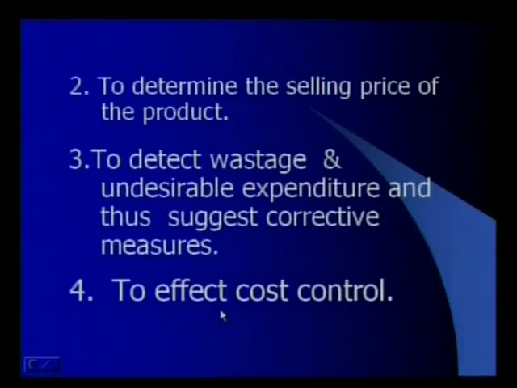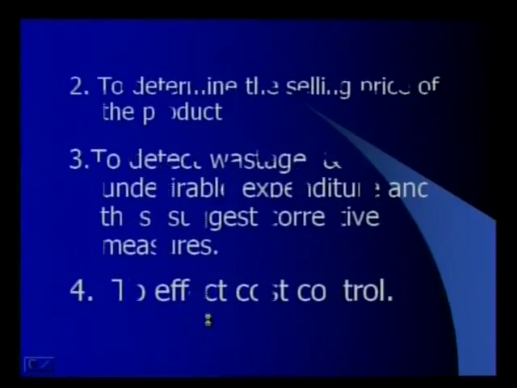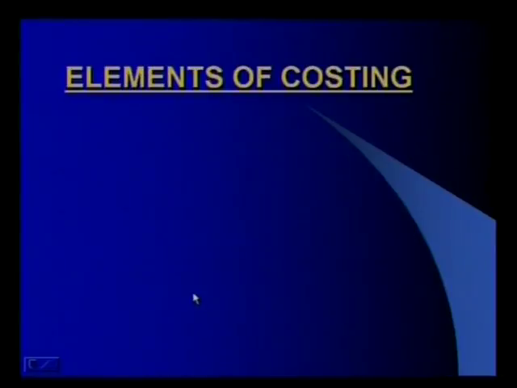Then we also find out the undesirable expenditure, with which we can suggest corrective measures. This is the important one, and also to effect cost control. With cost accounting we can also control the cost of any product. So, these are the aims and objectives of cost accounting.